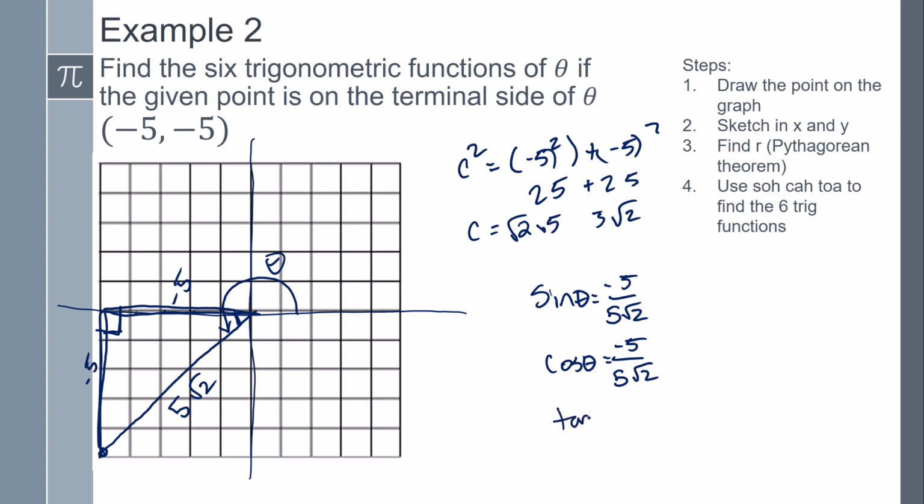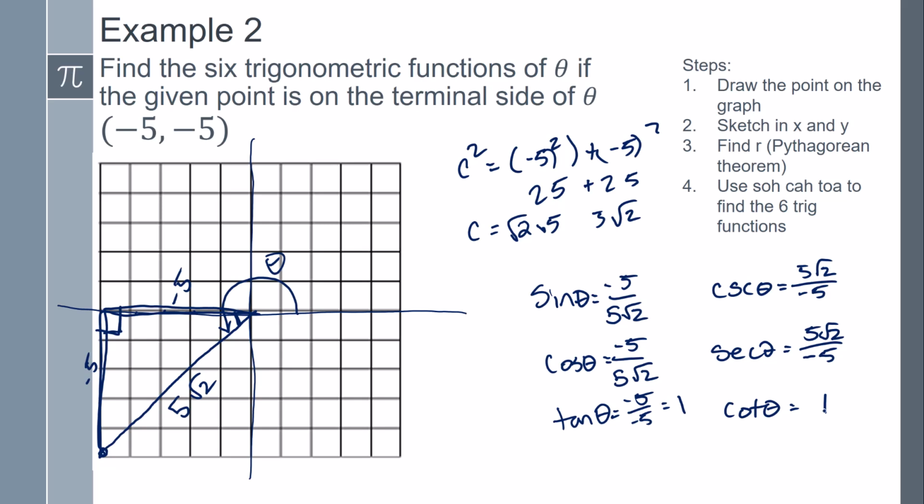The tangent of theta equals opposite over adjacent, which is 1. And then the reciprocals: cosecant, flip it; secant theta, flip it; and then cotangent theta, 1.